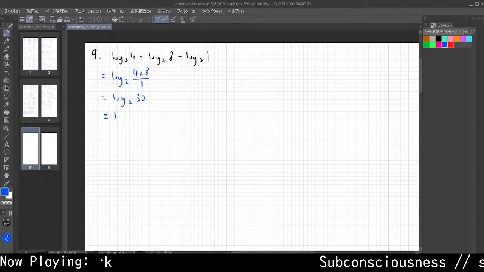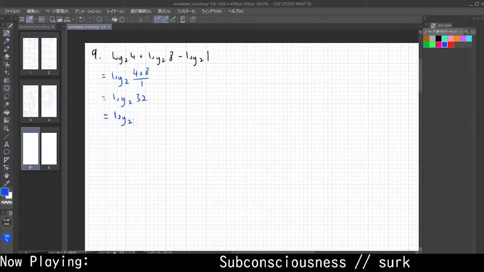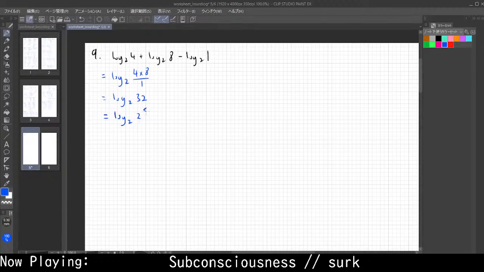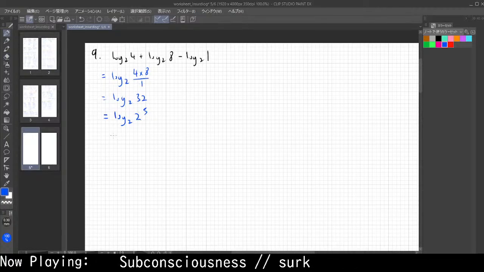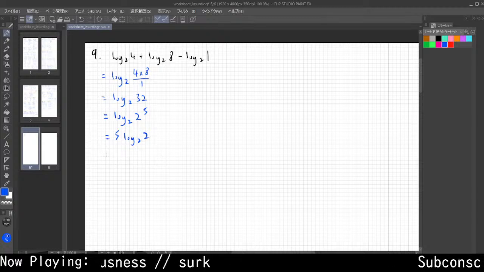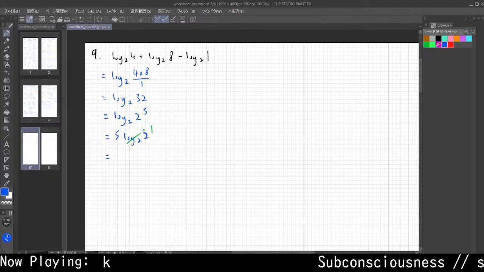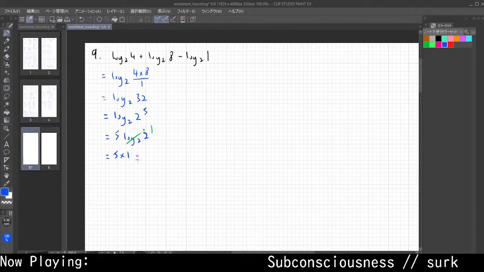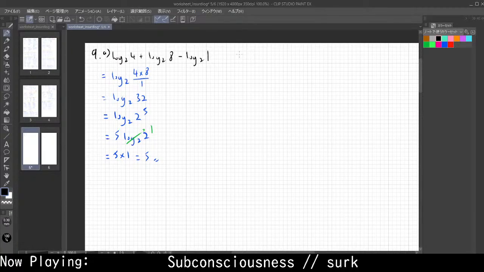Then 32 is how much? 32 is 2 to the power of 5, right? So you can just verify this yourself. And then the 5 you bring in front, log base 2 of 2, both numbers same, straight away becomes 1. Okay, so 5 times 1, you just get 5. Okay, this is A.